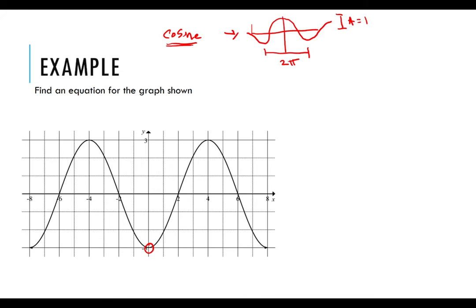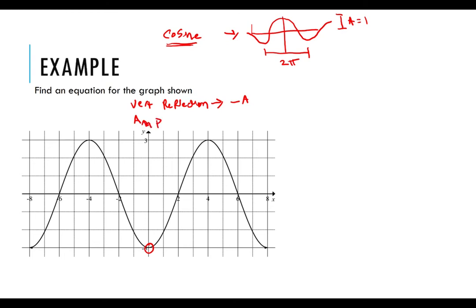Alright, well, how did I get from the cosine function unchanged to this one? A handful of things. I see that there's a vertical reflection. Well, how do I do that? That means I need to have a negative a value. Great. I also see an amplitude adjustment.